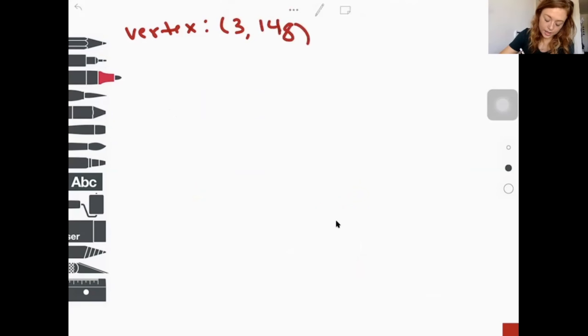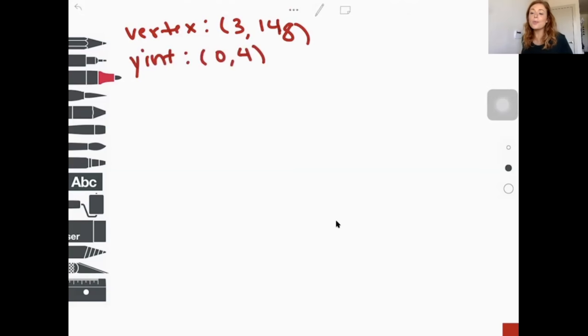And we had another point, our initial value. Right when x is 0, that's our initial value, what we call our y-intercept, of 0, 4.